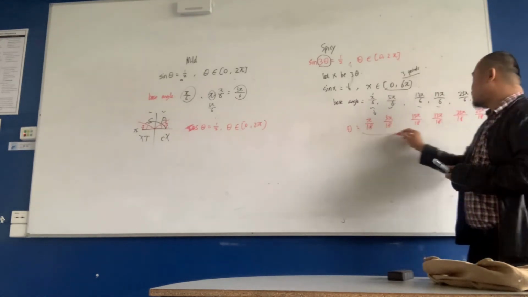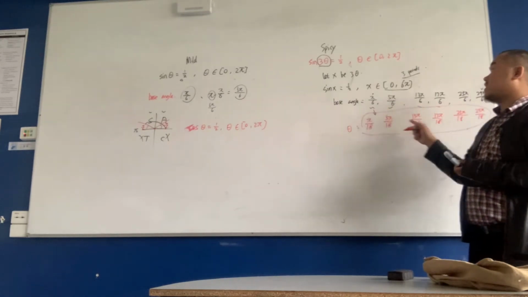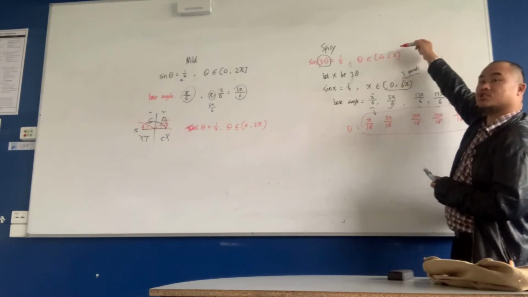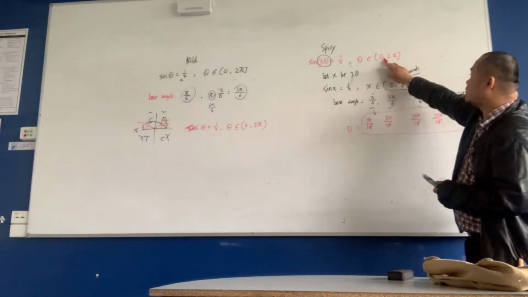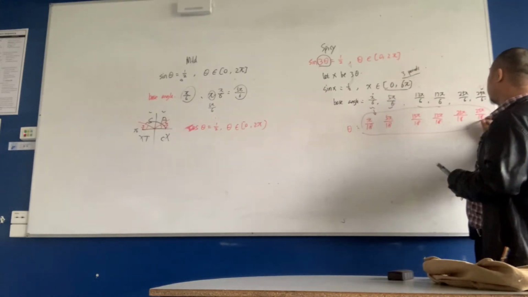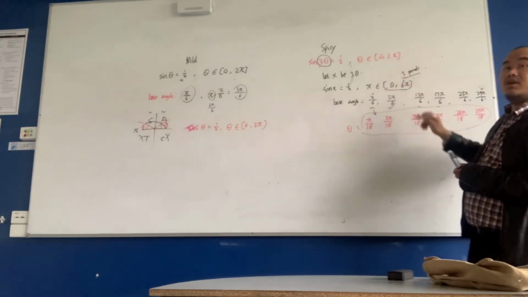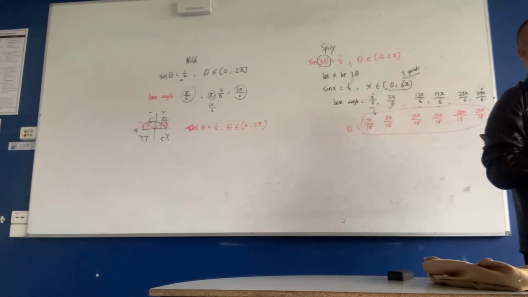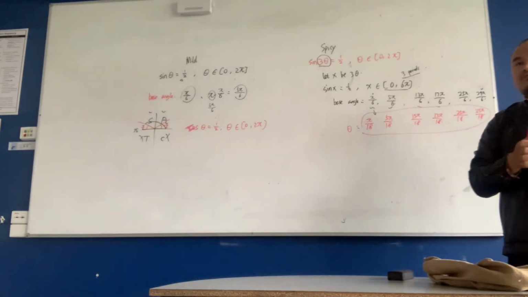Now we get the 6 solutions. You should probably get 100%. However, let's see whether it fits in this domain. The first one is bigger than 0, and the last one is definitely also less than 2 pi. Therefore, these 6 solutions would be your perfect answers. Does it make sense? Yeah.